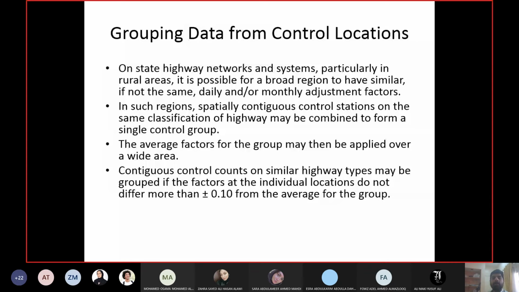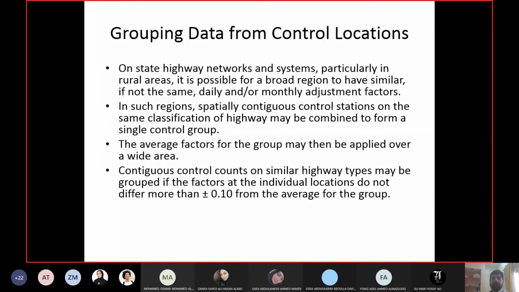Now, the factors can be grouped together only for those control count locations which are spatially contiguous and for the same classification of the highway. So the control count stations which you are trying to group or combine should be spatially contiguous. Spatially means in terms of space, in terms of distance. Contiguous means close to each other.